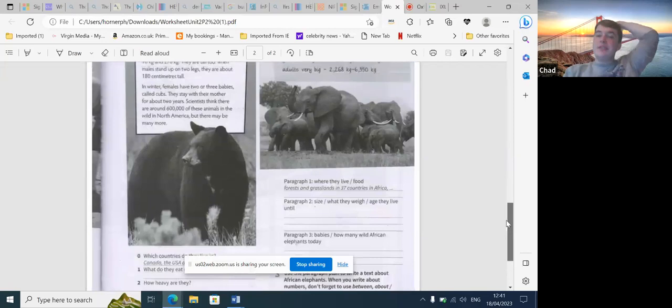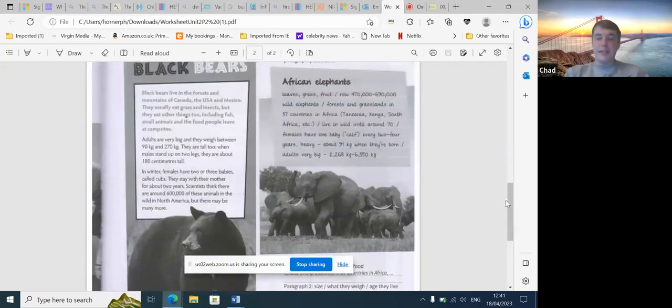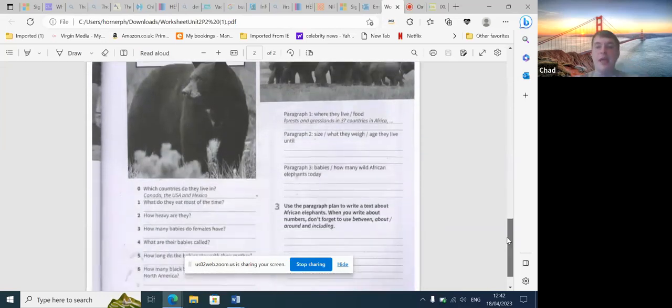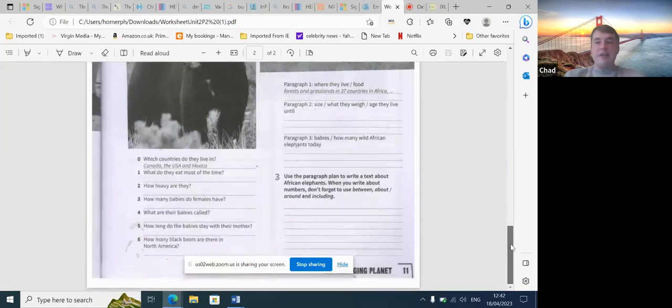How many wild African elephants there are today? Well, there are between 470,000 to 690,000 wild elephants living in Africa. Yeah. Okay, students. So yes, we did that activity rather than writing.